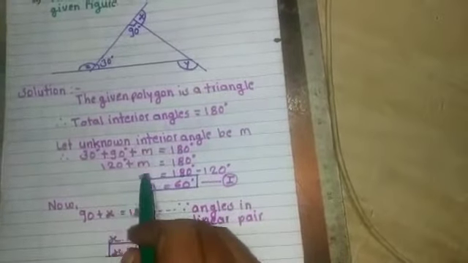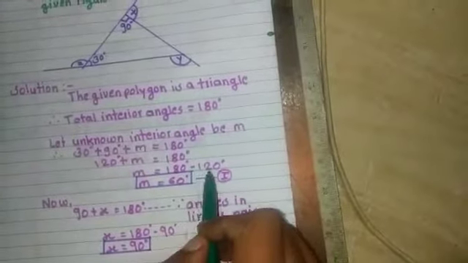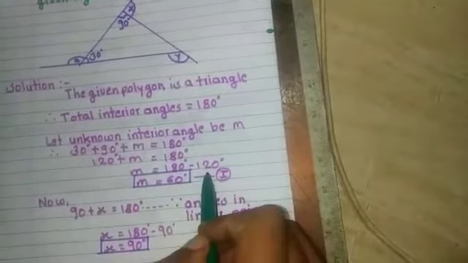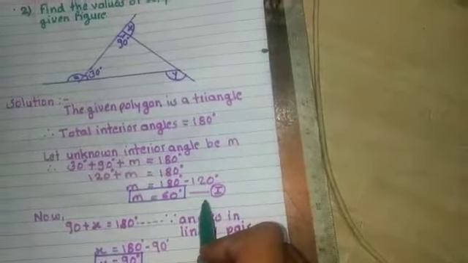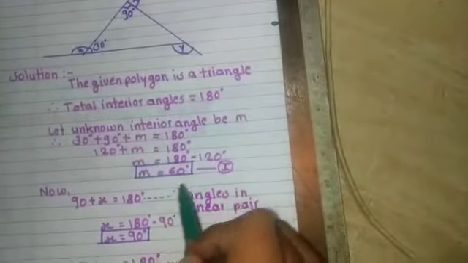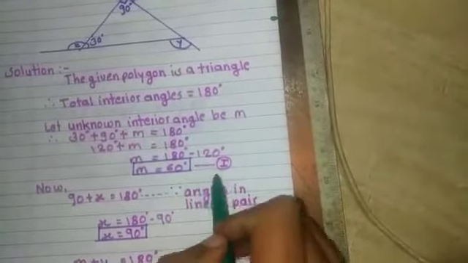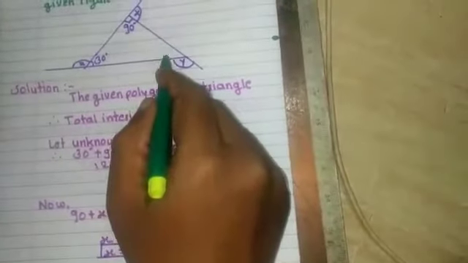So 120 plus m is equal to 180. So m equals 180 minus 120; addition becomes subtraction. So m equals 60 degrees. We will name this equation 1, because we need it later in this example. We got m equal to 60 degrees, which is one interior angle now.